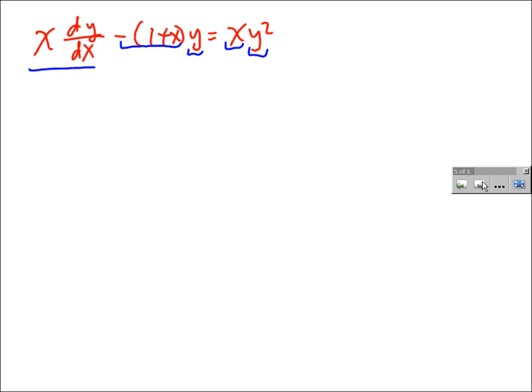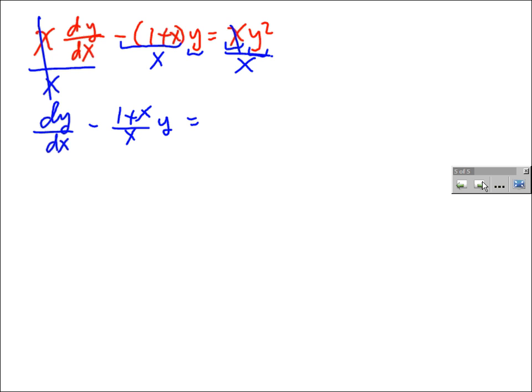But I want to get dy dx alone, so I'm going to divide by x. I'm going to divide by x, and I get dy dx minus 1 plus x over x times y is equal to 1 times y squared.